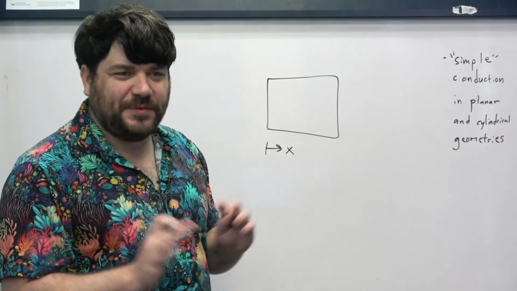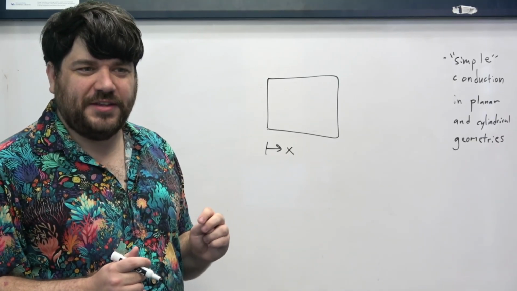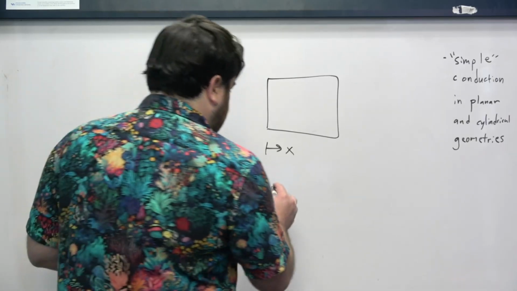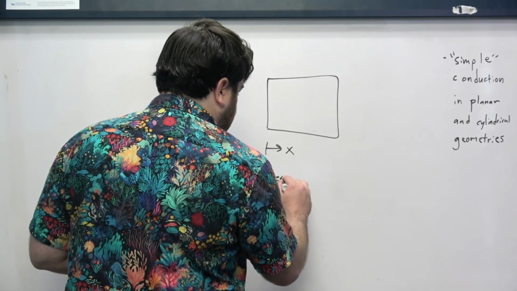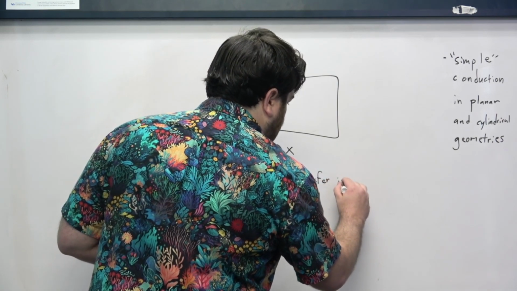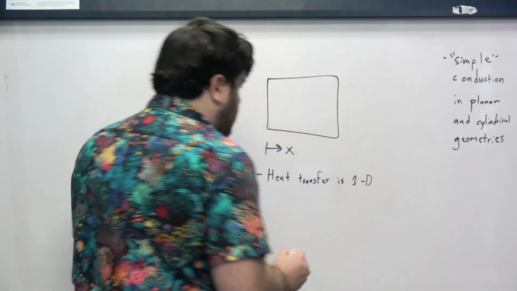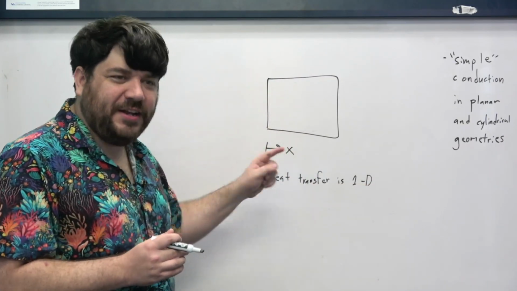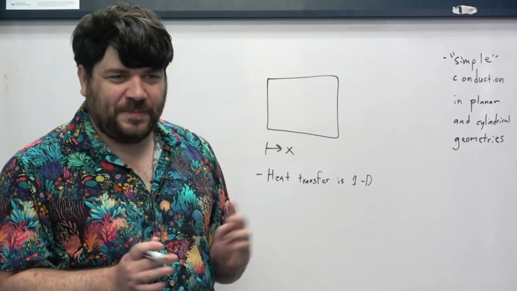We define some direction x over which the heat transfer takes place, and that is going to be the only direction over which the heat transfer takes place, all right? So we don't really care about situations where there's heat transfer in any other direction other than left to right, all right?